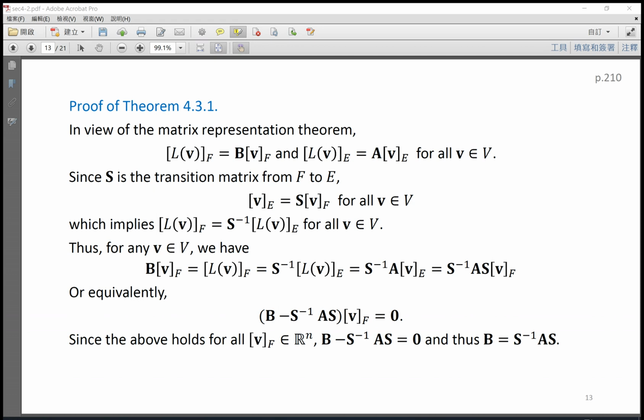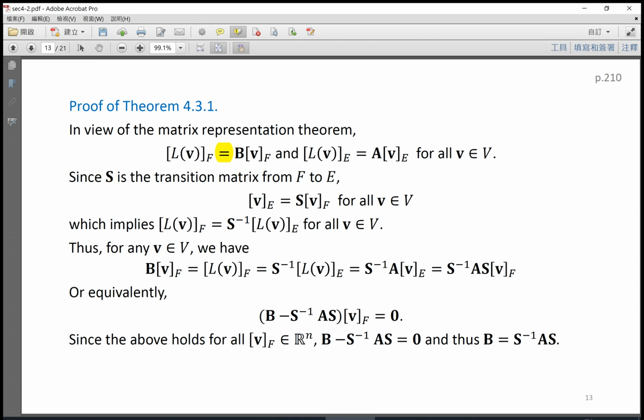Next, we prove Theorem 4.3.1. In view of the matrix representation theorem, we know the first equality for matrix B and the second equality for matrix A. Because S is the transition matrix from basis F to basis E, we have the third equality. And we also know S inverse is the transition matrix from basis E to basis F, so we have the fourth equality.